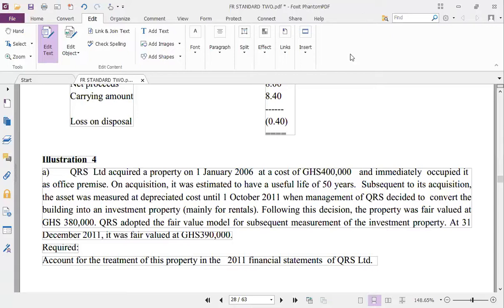Now let's look at this question. It says QRS Limited acquired property on January 1st, 2006 at the cost of 400,000 cedis and immediately occupied it as what?